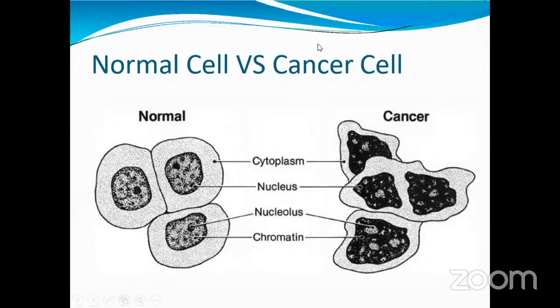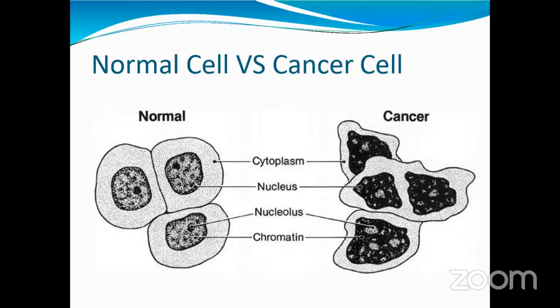So this is how normal cells and cancerous cells look. Normal cells have more cytoplasm content; cancer cells have less. The nucleus is small in normal cells, but in cancer cells there is a larger amount of nuclei and more number of nuclei.